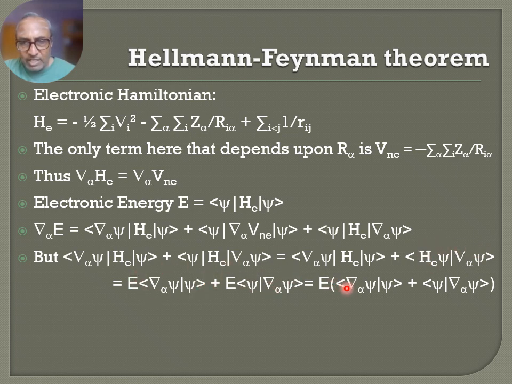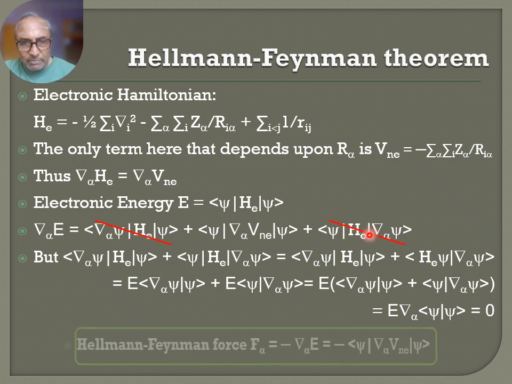But that is just E times bra del alpha psi psi ket plus bra psi del alpha psi ket, or in other words, E times del alpha of bra psi psi ket. But bra psi psi ket is just a normalization, and its derivative is equal to 0, or in other words, the first and third terms in this expression for del alpha E cancel out.